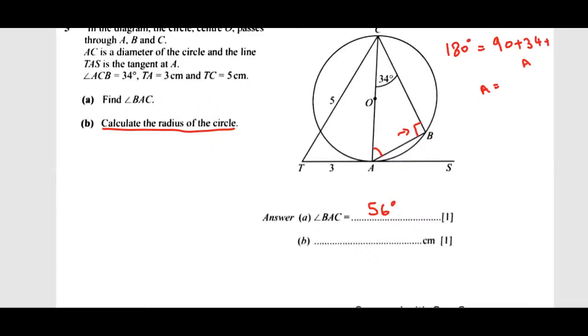I used the Pythagoras theorem in this, and for the whole diameter, I got 4, and the radius will be 2 then.